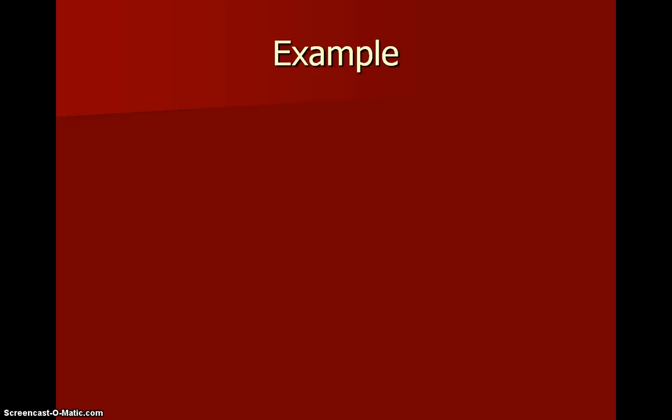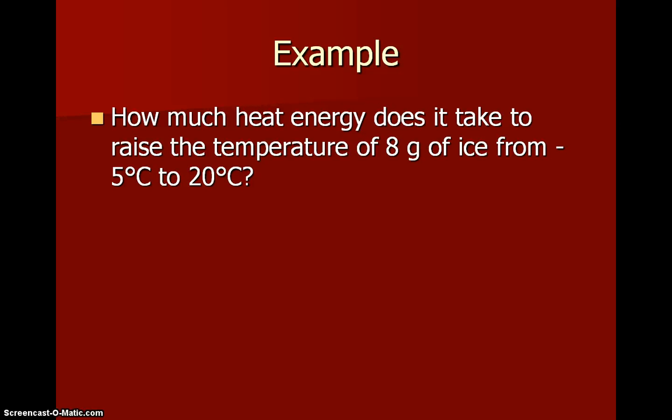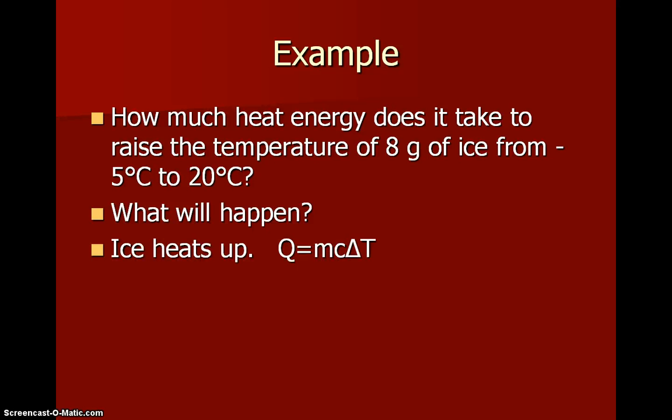Now, a little bit more difficult example would be like this. How much heat energy does it take to raise the temperature of 8 grams of ice from -5, sorry, the negative got cut off here, to 20 degrees Celsius? So what we need to do is think about what's actually happening here. What is going to happen to the ice as we heat it from -5 to 20?